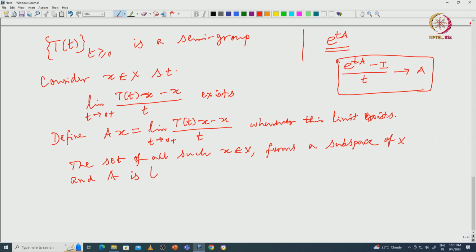So these are clear. In general, obviously we cannot expect this limit to exist for all x in X. So it will be only a proper subspace of X on which this A is defined. So call it A from D(A) to X, where D(A) is a subspace, and A is linear.